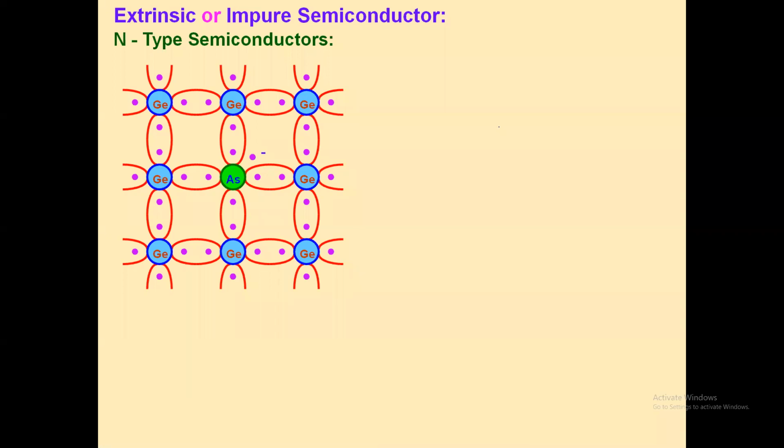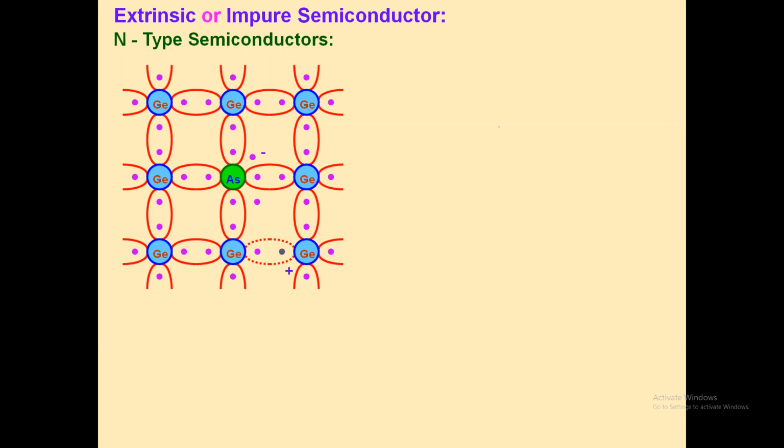Get my point? It means that due to the addition of a pentavalent impurity, a large number of free electrons are available in the crystal structure. That's why its current conduction capacity increases. Is that clear?